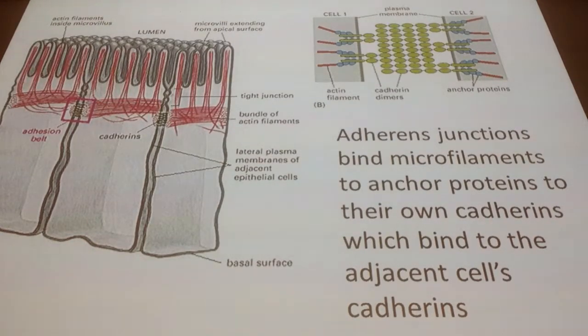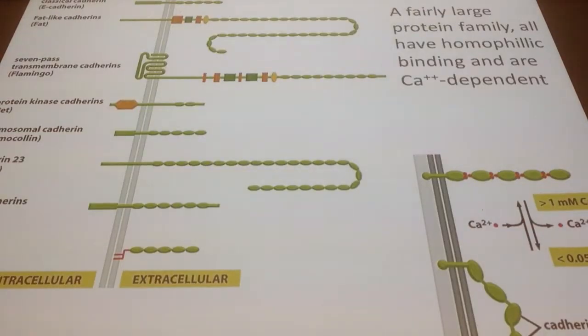We talked about desmosomes before, right? Remember the skin layer, the keratinized skin layer, the spiky cells. The spikes come from the fact that we have a lot of desmosomes. Okay.